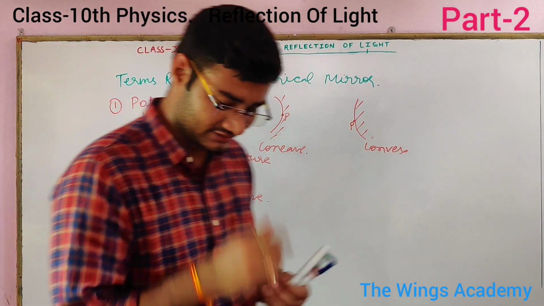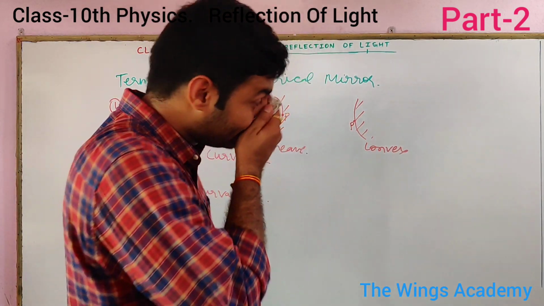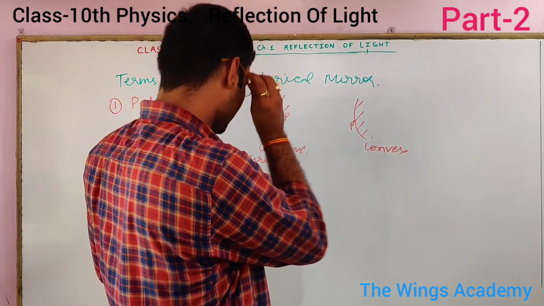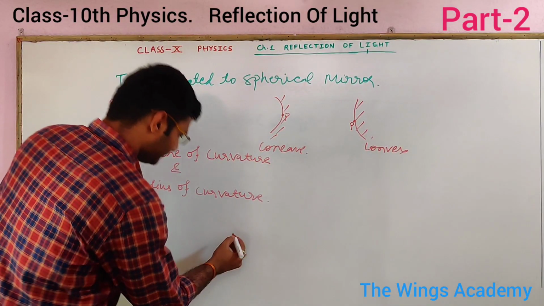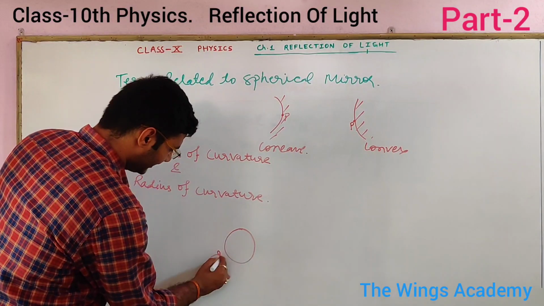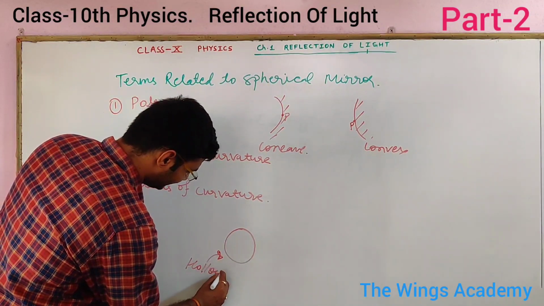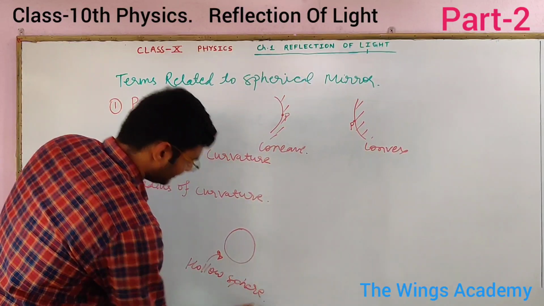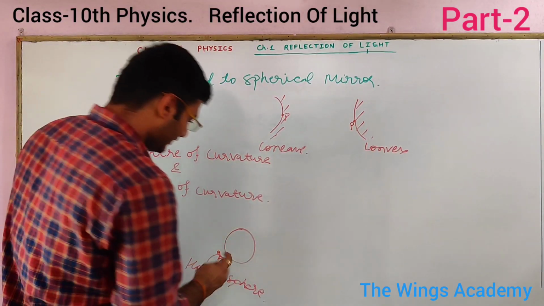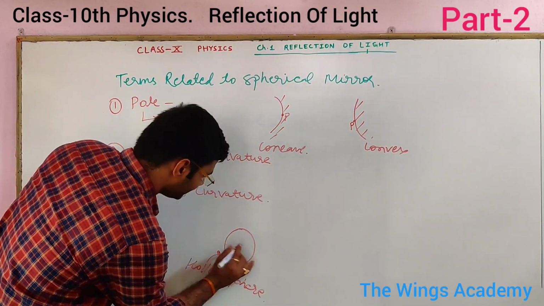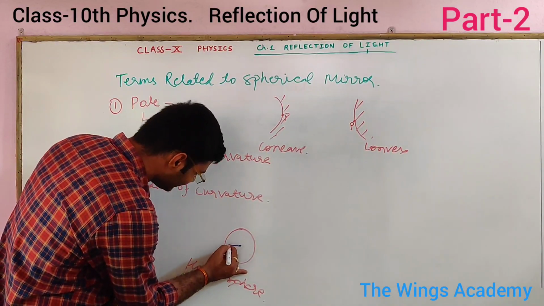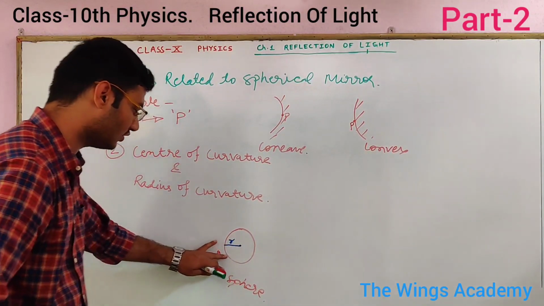Since we know that a spherical mirror is a part of a hollow sphere, if we are going to manufacture a mirror with the help of this hollow sphere, so this is our hollow sphere. Since every hollow sphere has a center, this is the center of our hollow sphere, and this is the radius of that hollow sphere.